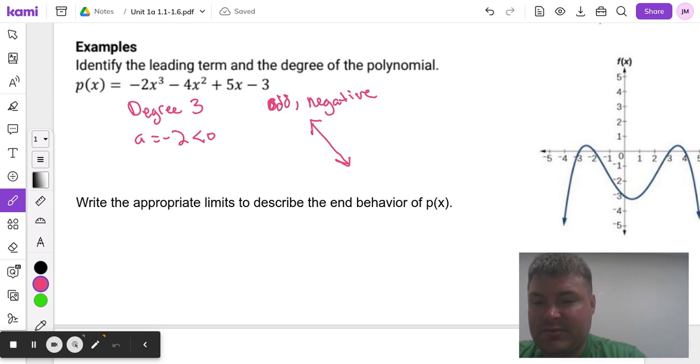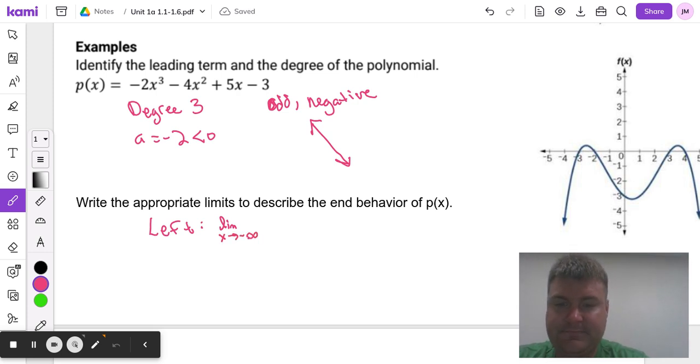I'll do the left one first. When we write limits, I usually use a cursive L, as x approaches negative infinity of p of x. Don't rewrite the whole thing over. So what's my left end behavior? I drew it right up there. It's going to be positive infinity. That is my left end behavior.